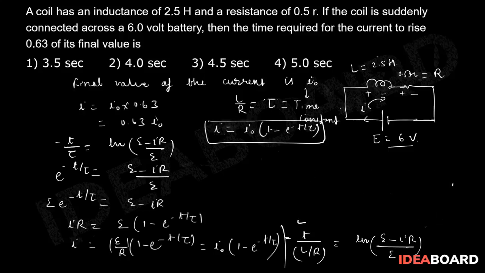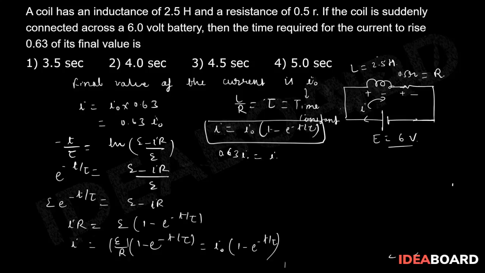So now put the values. What values do you want to put? We get that I, which is 0.63 I naught, is equal to I naught times 1 minus e to the power minus t by tau.